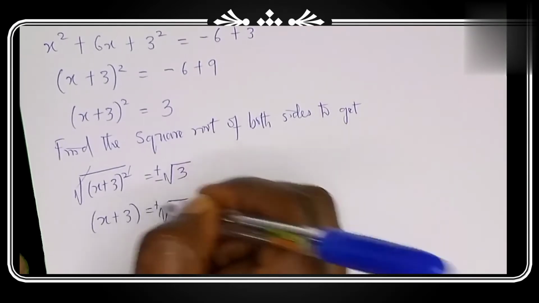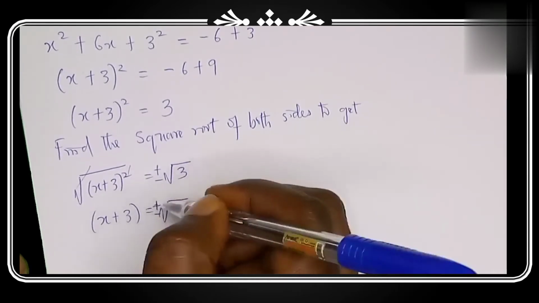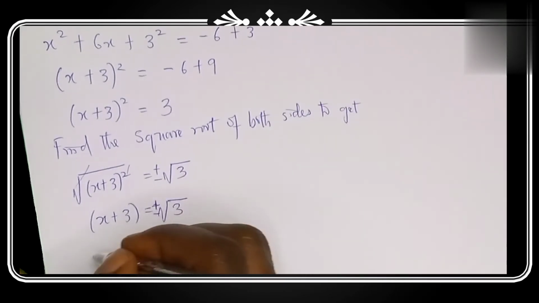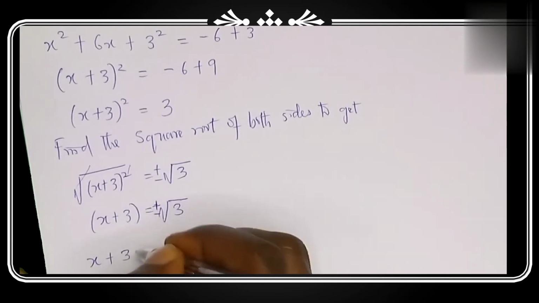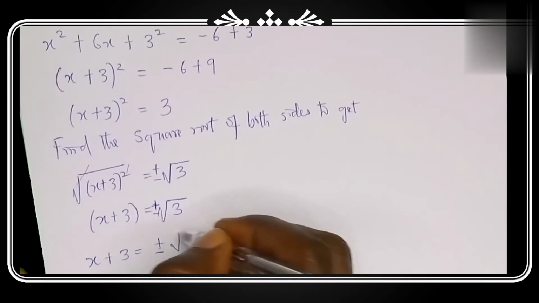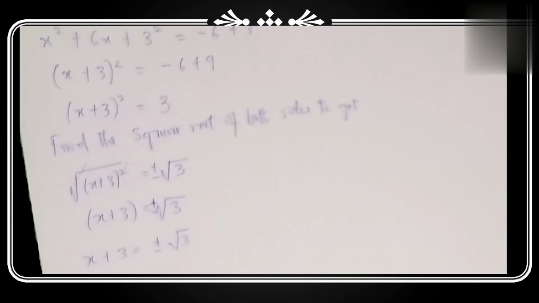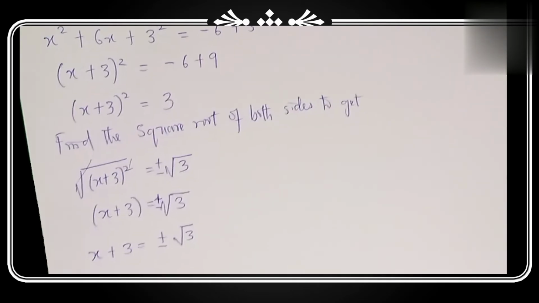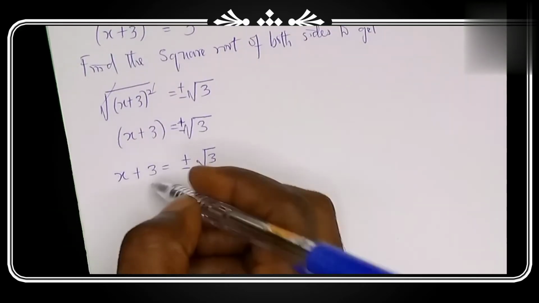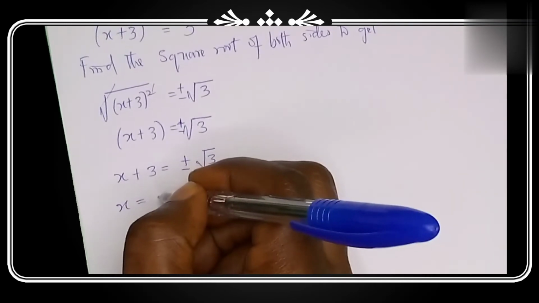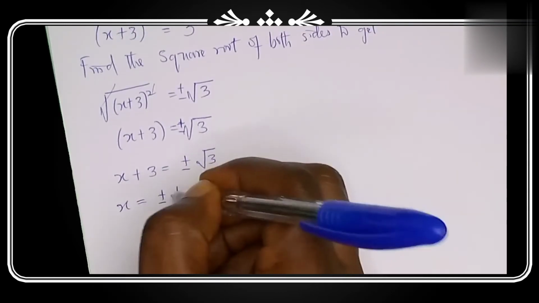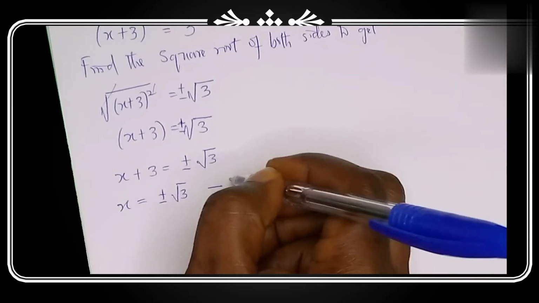Notice that every root carries plus or minus here. Then we have x plus 3 equals plus or minus square root of 3. Now, x equals plus or minus square root 3 minus 3.